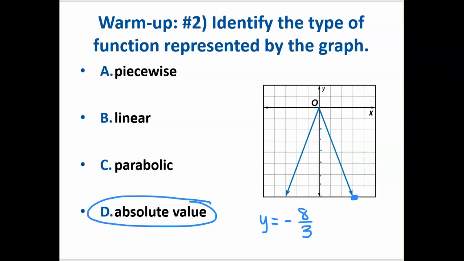So it's y equals -8/3 absolute value of x, because the origin and the vertex are one and the same. -8/3 is greater than 1, therefore this graph is stretched and reflected.